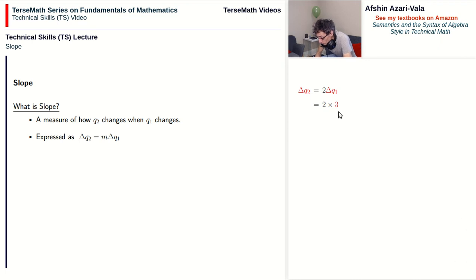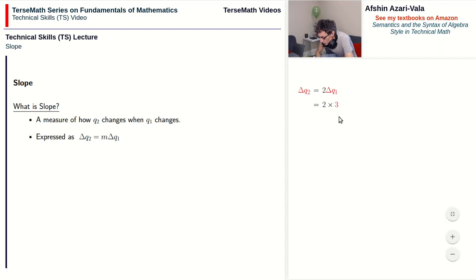The actual value of Q1 could be 10, in which case a change of 3 means that it goes up to 13. The actual value of Q1 can be negative 2, and in that case, going up by 3 means that it gets to 1. So the actual values of Q1 are not what we are talking about here. What we are talking about here is how much it changes by.